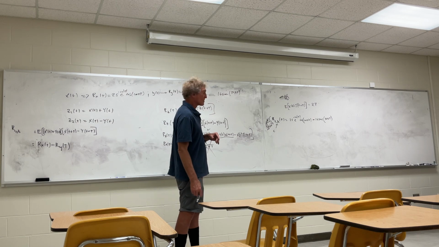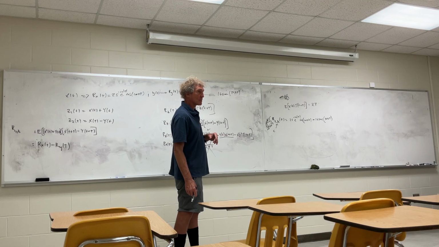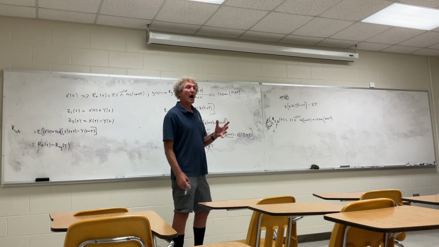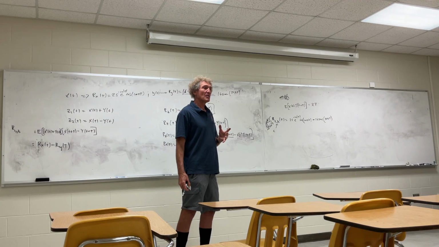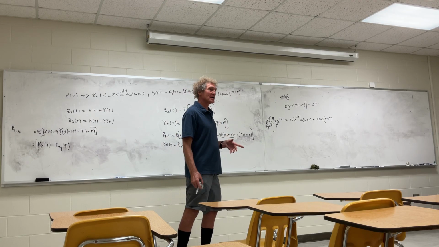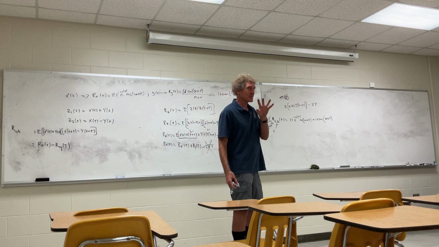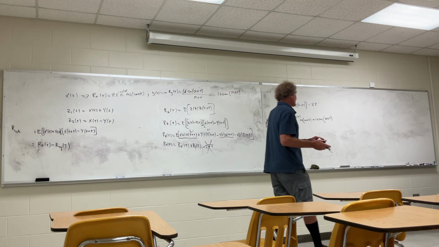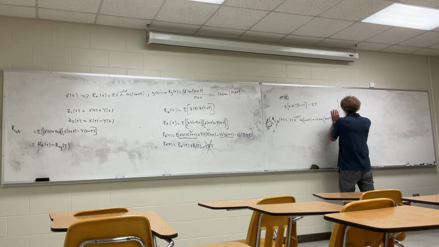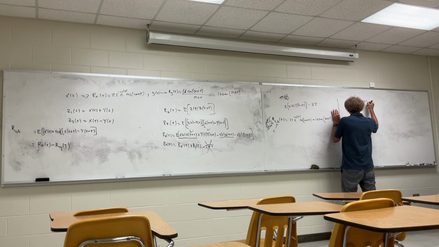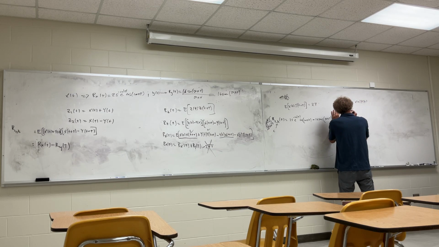The autocorrelation function of x of t times y of t. Just think about this. My z of t is now x of t times y of t, and he wants the autocorrelation on it.